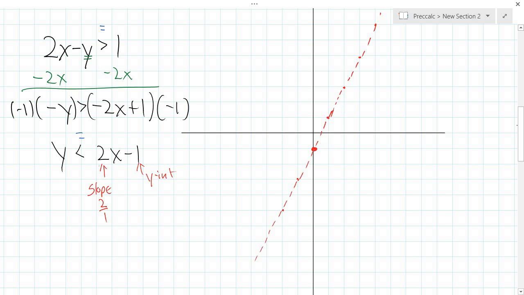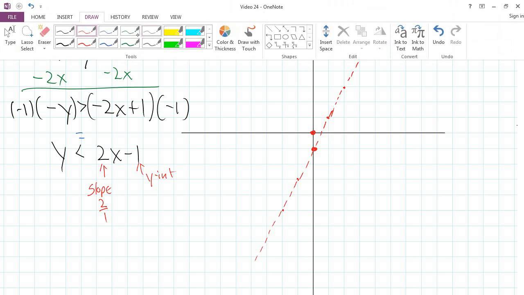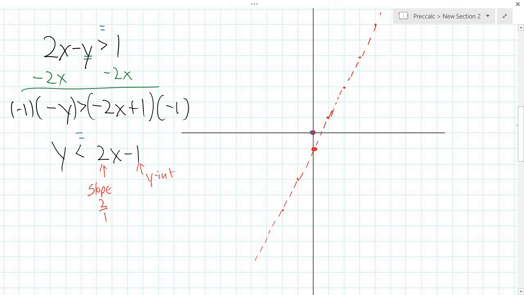So to figure out which side of this line has all of these solutions to this inequality, I simply choose a point not on the line. And I chose 0, 0 because 0, 0 is a great point. X is 0 and y is 0. That's really easy to plug in.